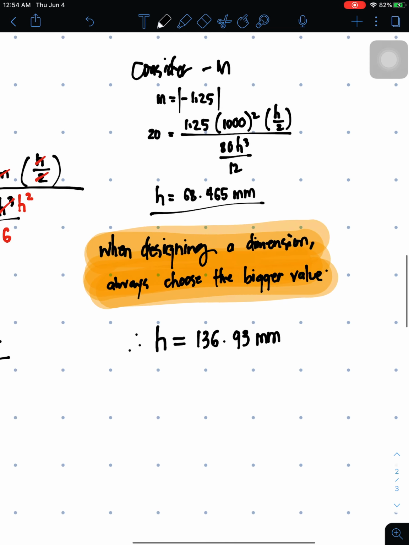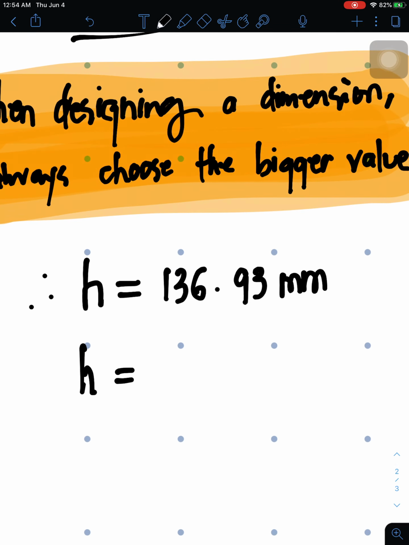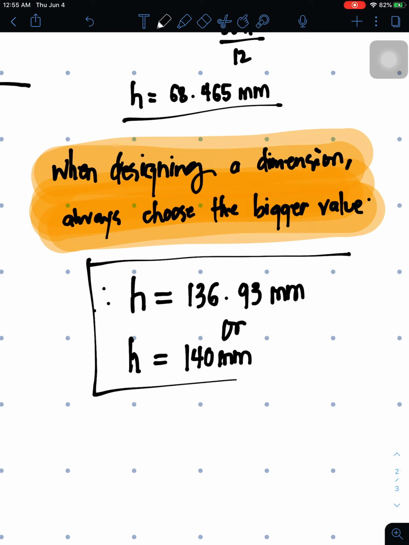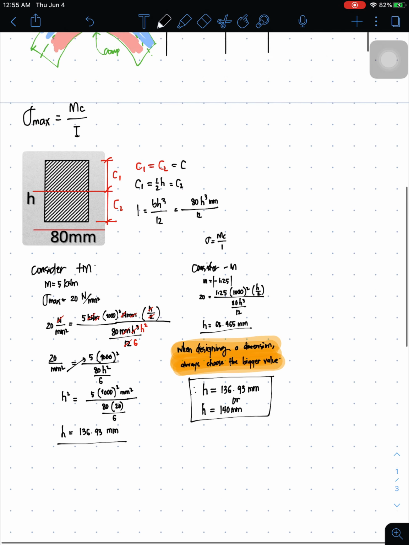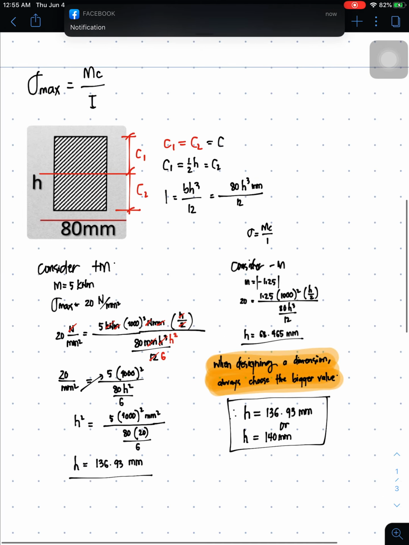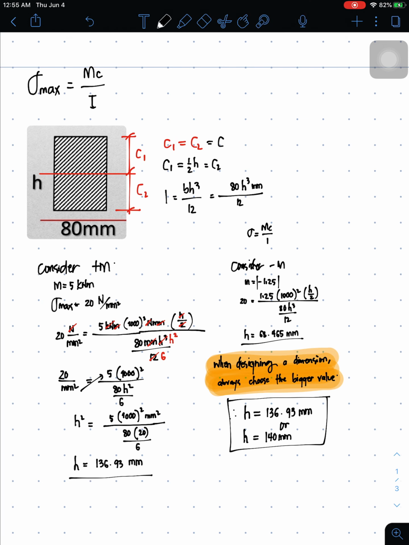It's really hard to give instructions to our skilled workers, so it should be rounded up by tens, to the next number divisible by 10. 136.93 is fine, but when we give instructions to our skilled workers, it should be divisible by 10, and they will appreciate that. Okay. This ends our example number 2.